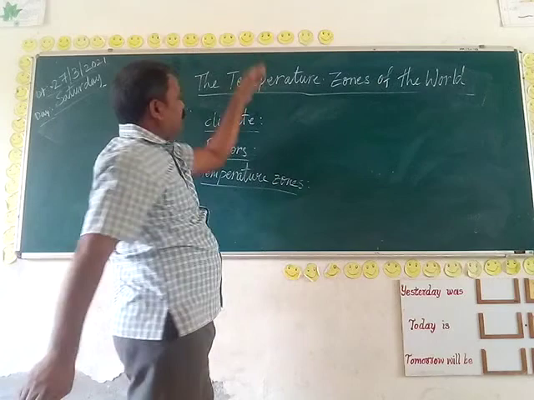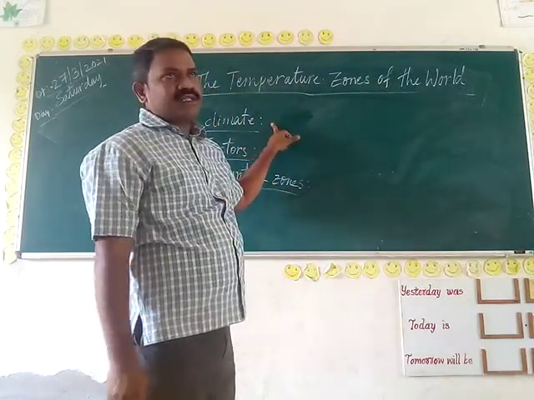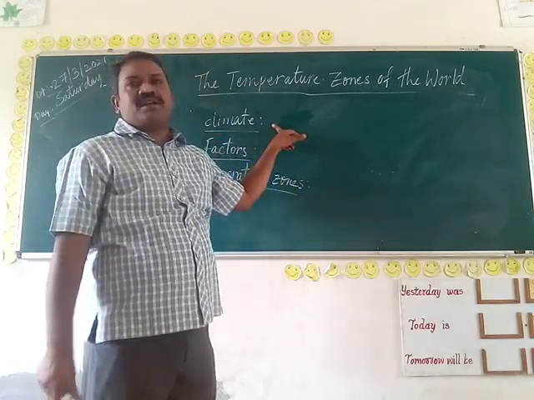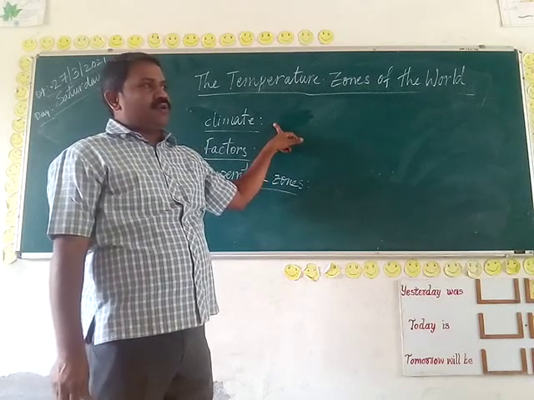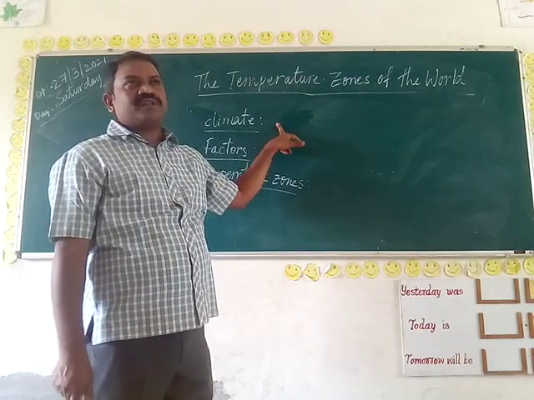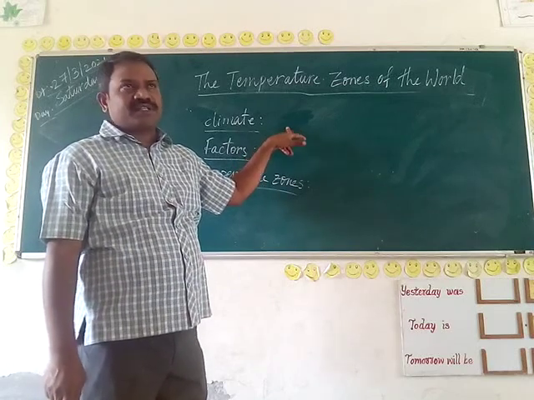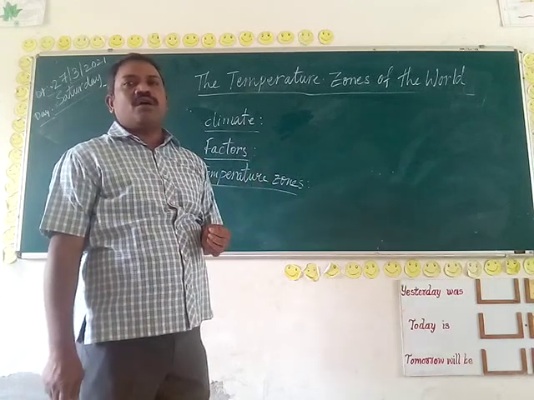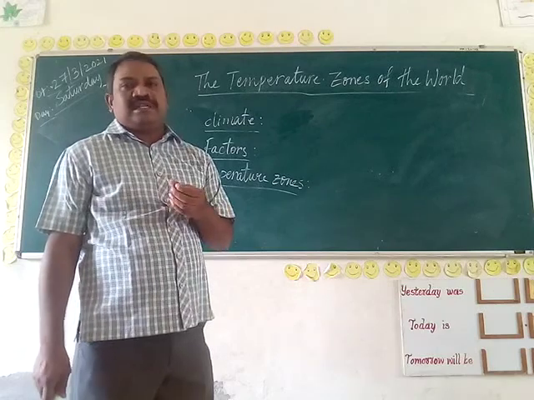So the first one, what is the climate? Climate of a place is the average weather conditions over a long period of time. Places may be said to have a very hot climate, a very cold climate, a dry climate or wet climate depending on the weather conditions over a long period of time, for example, 30 years at least.